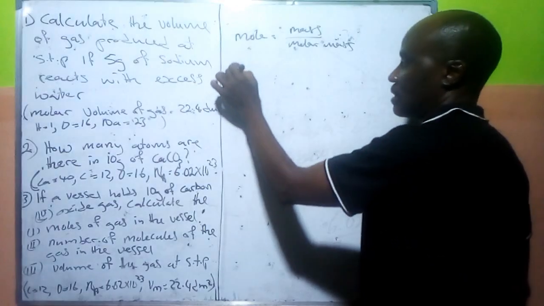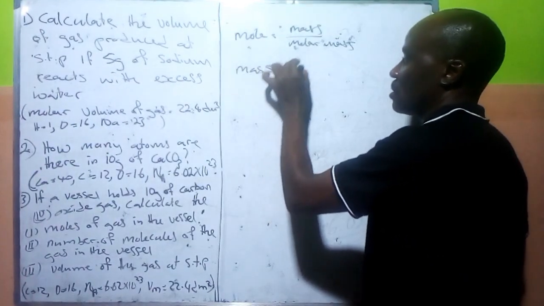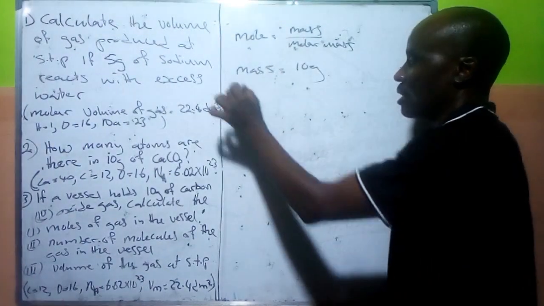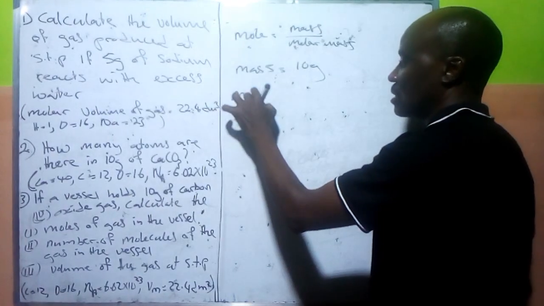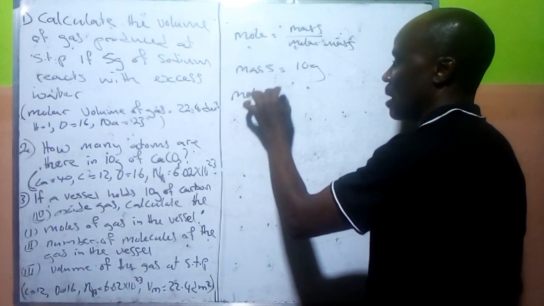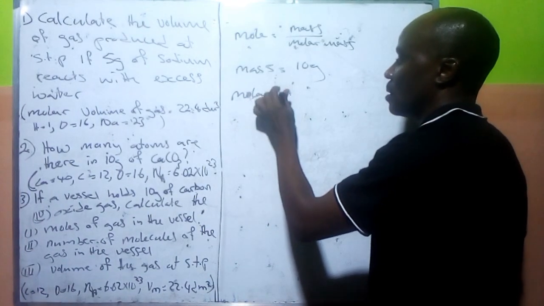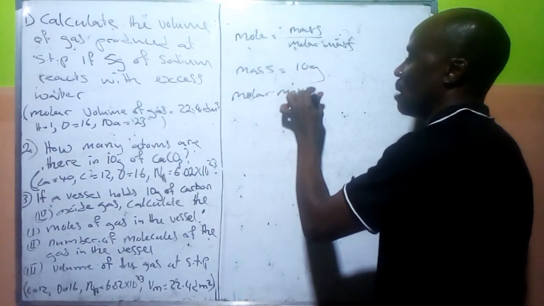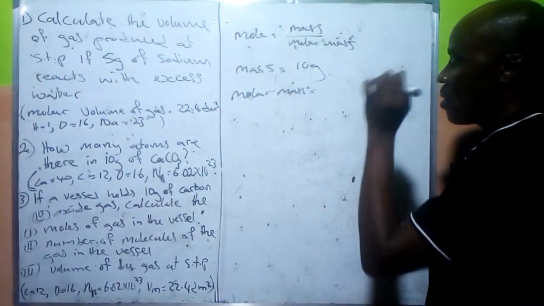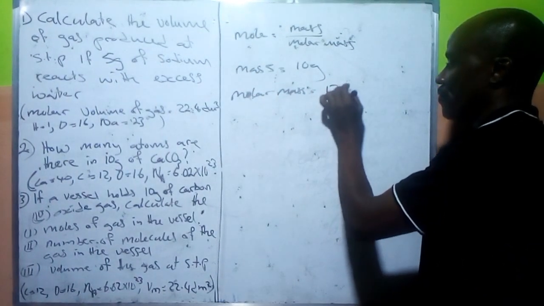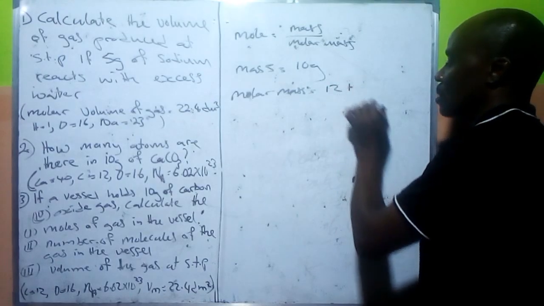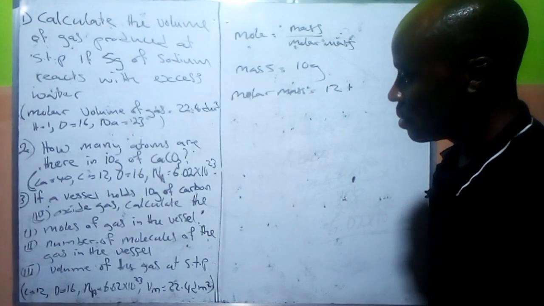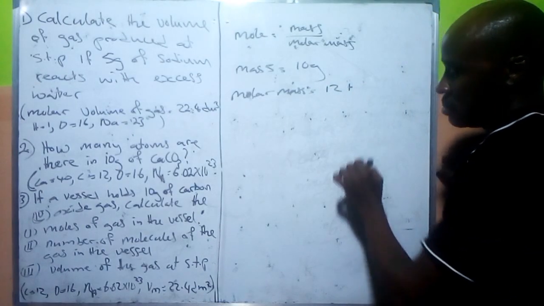And we have the mass. Our mass is equal to 10 grams. And our molar mass we can always get. Carbon is 12. Then oxygen is 16.